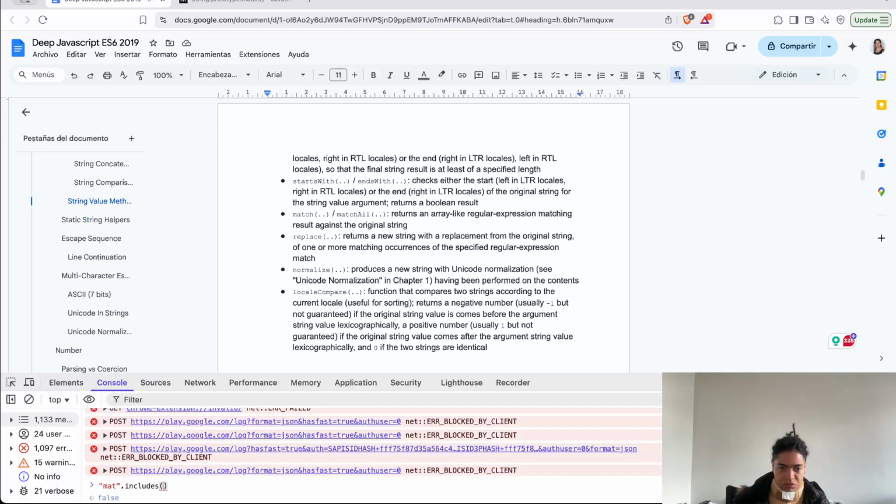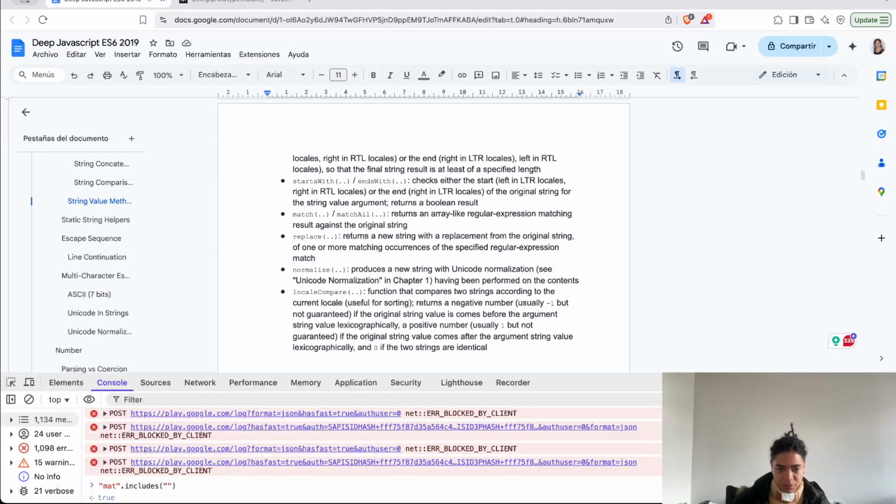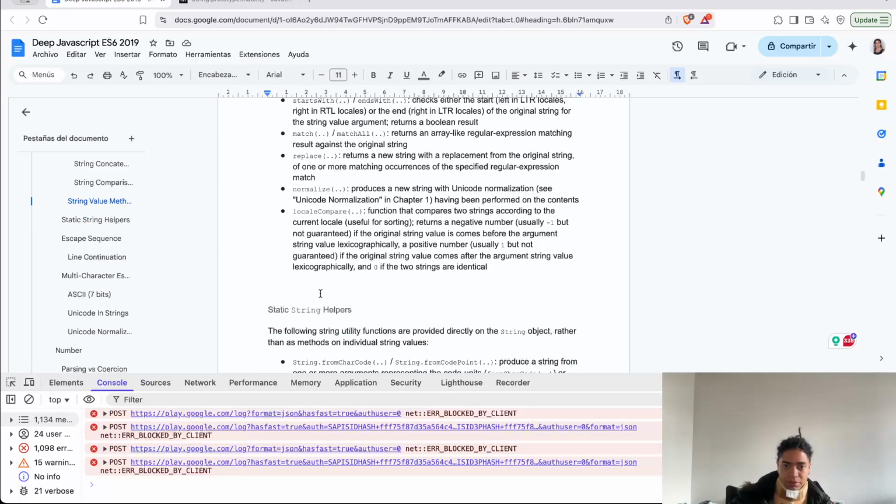You'll be much safer than that. It'll be much better for you. Search also does a linear search. So with includes and search, you have to be careful when to use them. I prefer to go with includes to get this Boolean value.